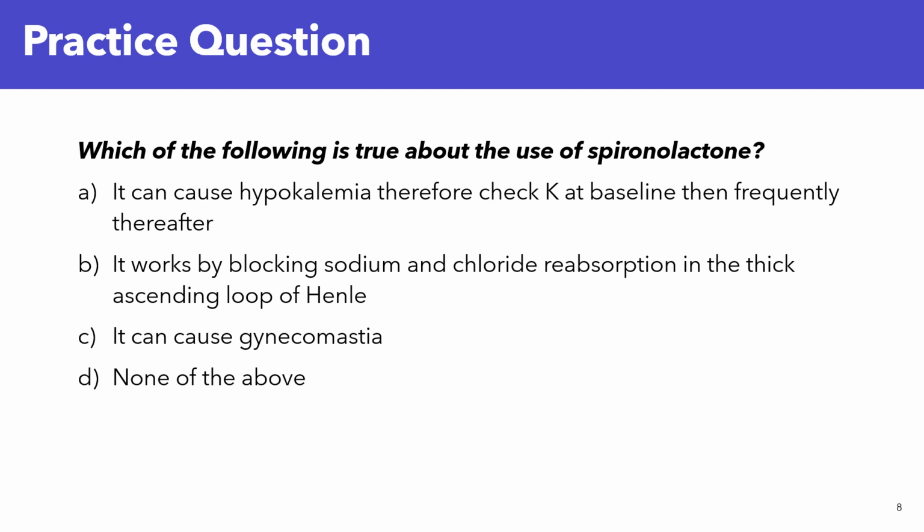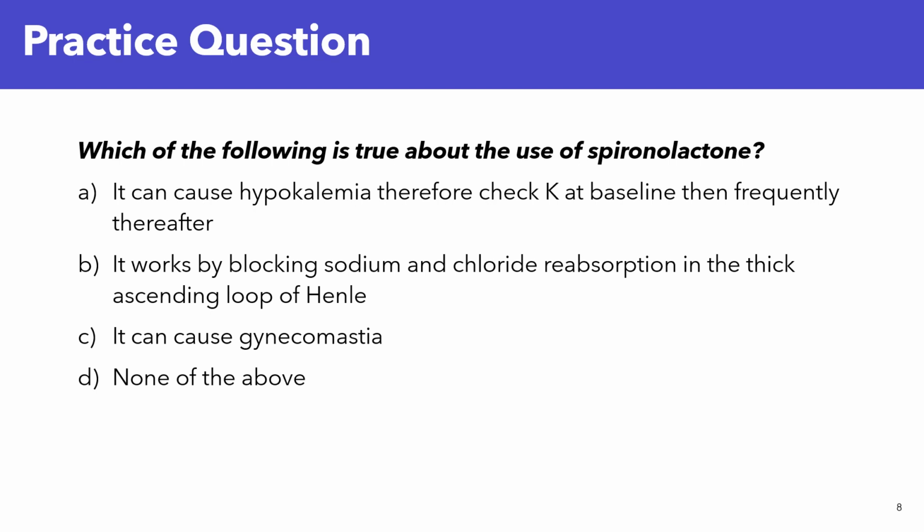All right. So let's look at the options we have so we can figure out what the answer is. A, it can cause hypokalemia. Is that true or false? That is a false statement because spironolactone, remember, is a potassium-sparing diuretic and they can cause hyperkalemia, not hypo.